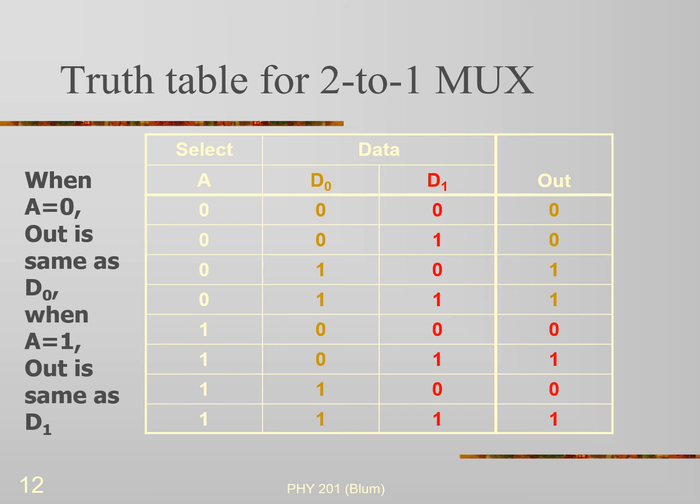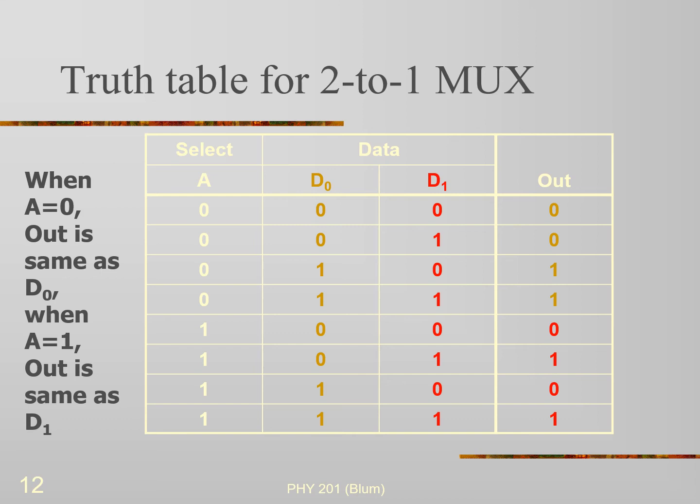And then to pick between the two data sources, we need one address or one select, and that's labeled A. So with three inputs, one select and two data, that leads to 8 possibilities, 8 combinations of zeros and ones, so they're all shown here.